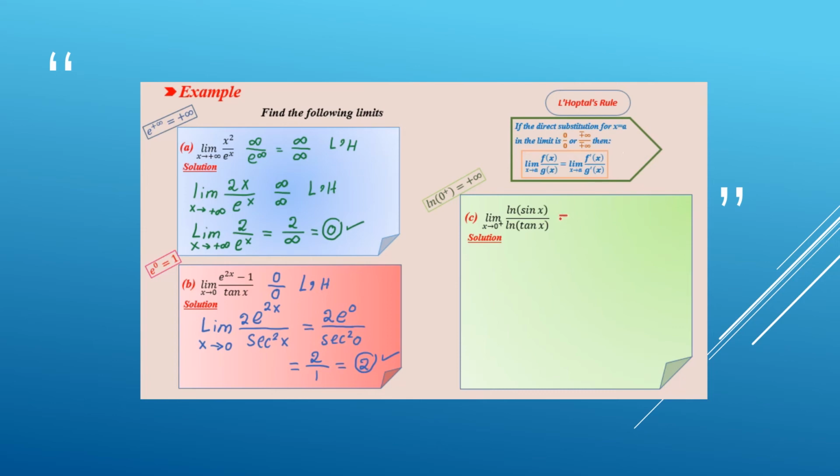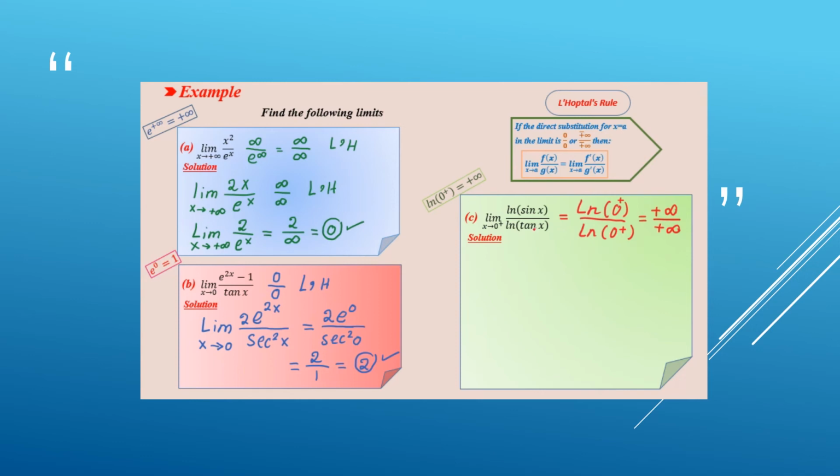So direct substitution: ln sin of 0 from the right, and tan of 0 from the right equals 0 from the right, and ln of 0 from the right equals negative infinity, so we have infinity over infinity in absolute value. And this is the case where you can use L'Hopital's rule directly.